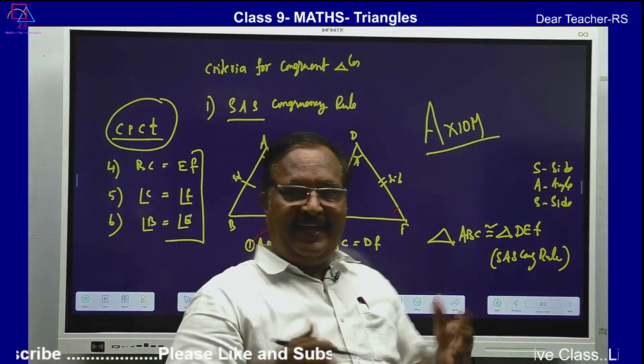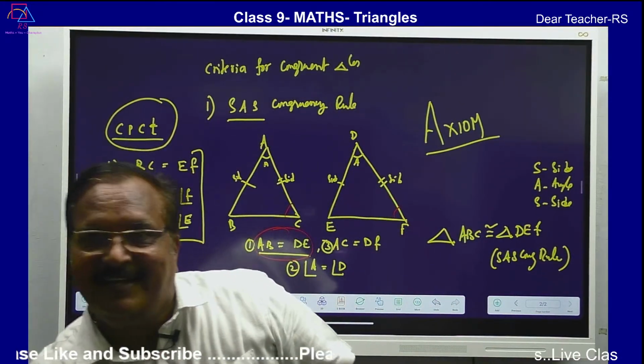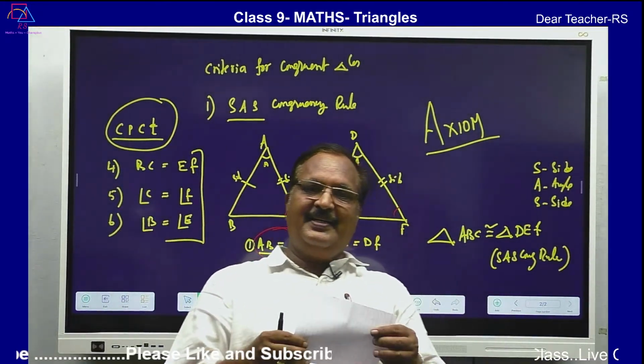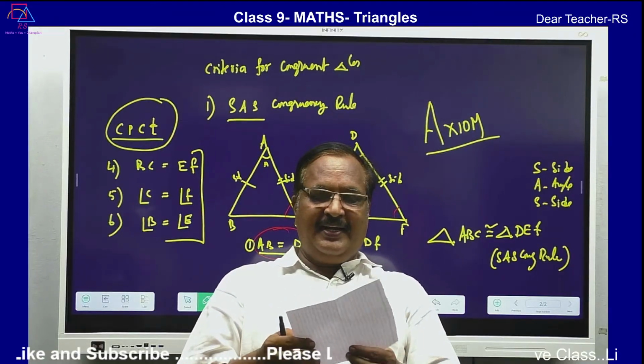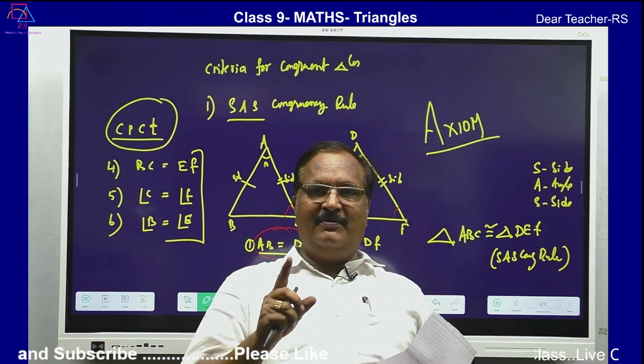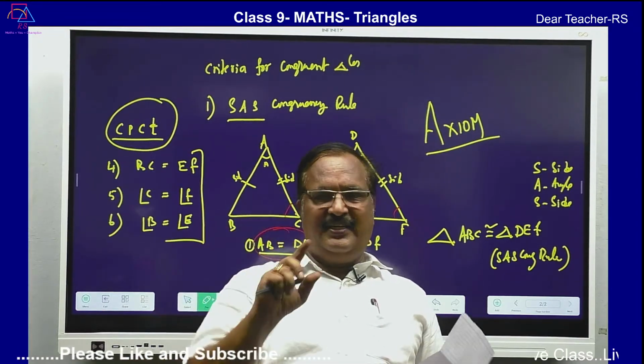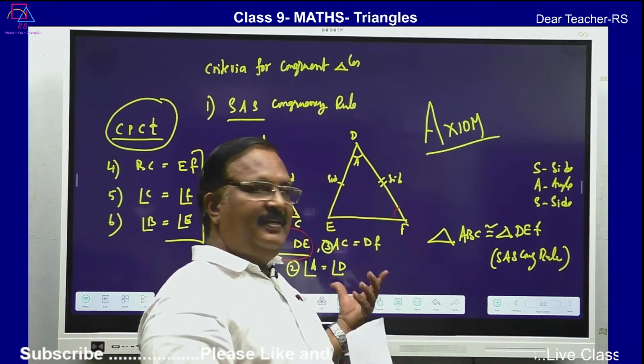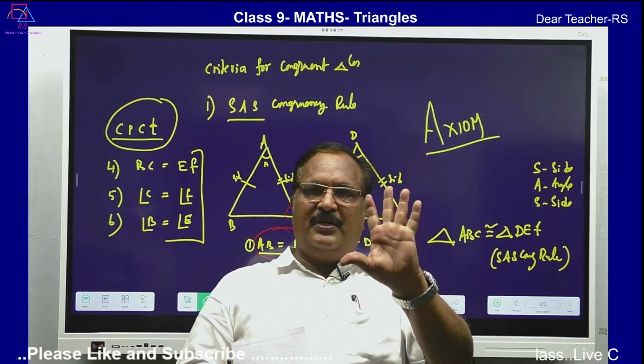Okay? You take paper again and draw two triangles. On this part you draw one triangle with two sides equal, 4 centimeters, 3 centimeters, and 60 degrees, like that. You take three parts, and with those three parts you draw a triangle.